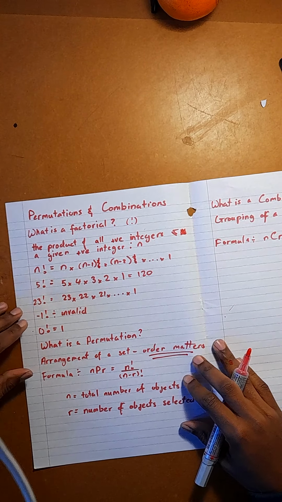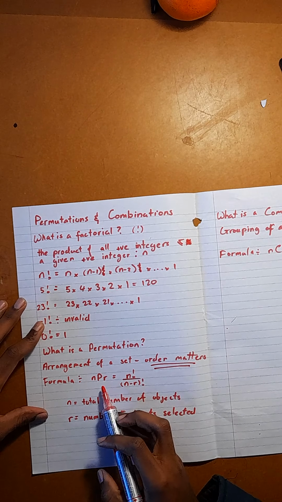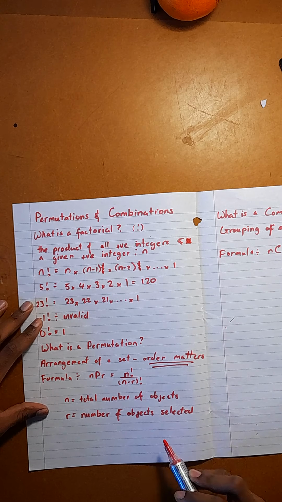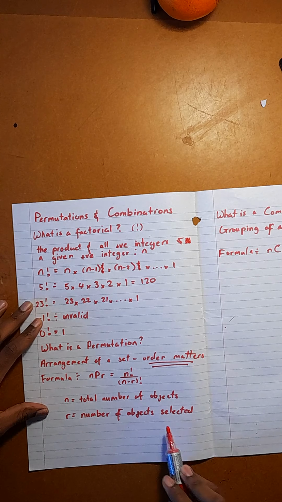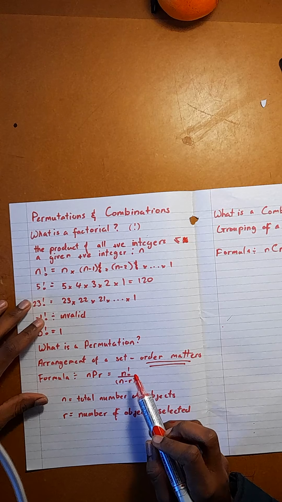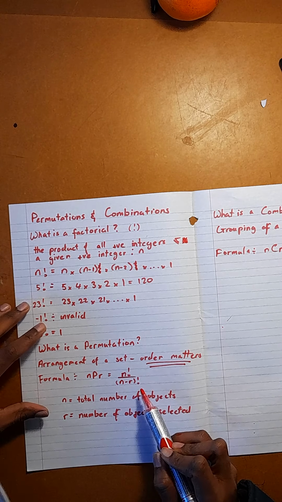That is what a permutation is. The formula of a permutation is nPr, where the P stands for permute. Our n is the total number of objects, and our r is the number of objects selected. The formula gives us n factorial over (n minus r) factorial.